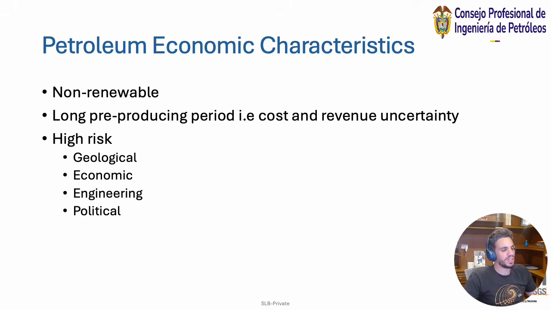Or, like COVID, for example. During COVID, all transportation was kind of cut off, and that's a huge impact on the oil market, right? So that was this geopolitical thing that happened that's impacting the economics of a project and the economics of oil.